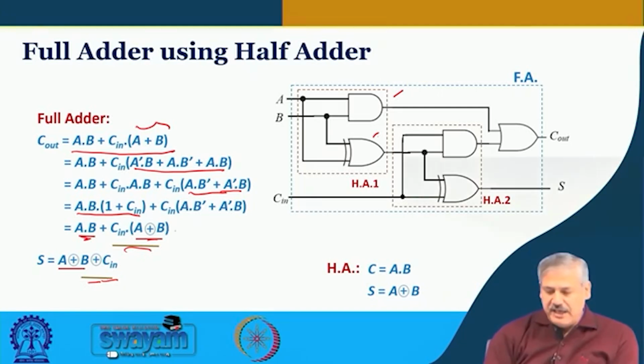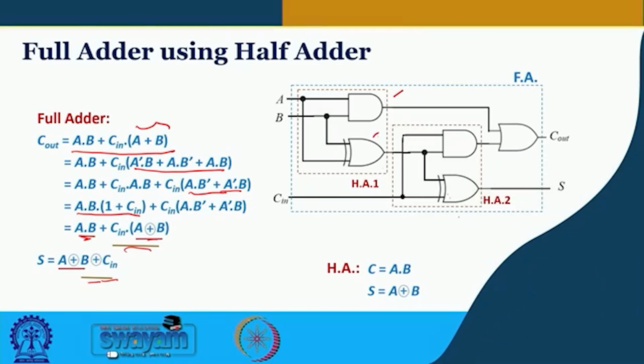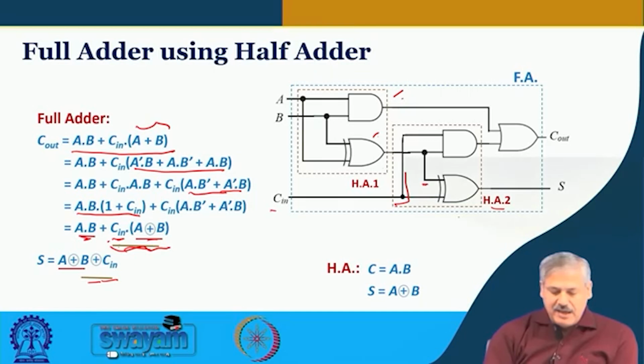So, this A XOR B output from the first half adder goes to another half adder, the XOR input and C in to get the final sum output, and the other output where A XOR B is ANDed with C in. So, these two terms are now available, A B and C in ANDed with A XOR B, and you just need to OR them. This is the way we can get it.